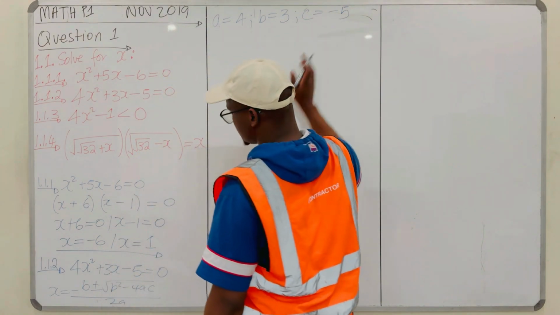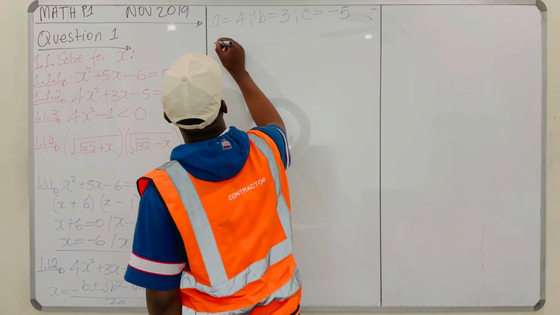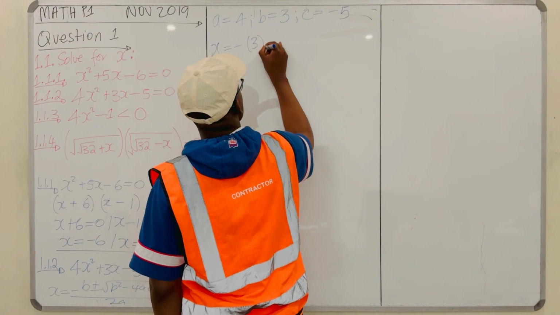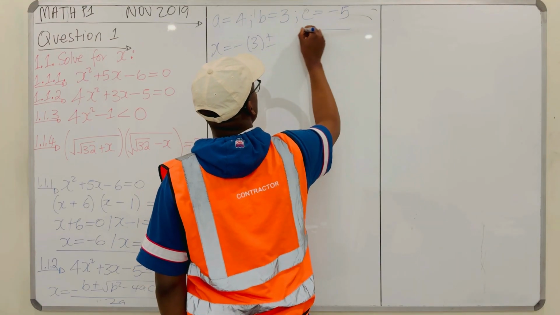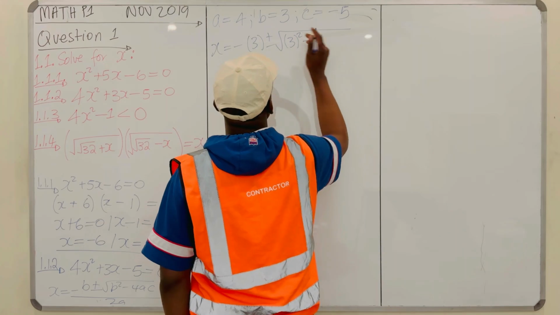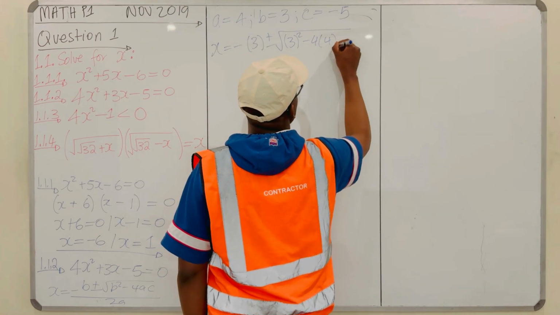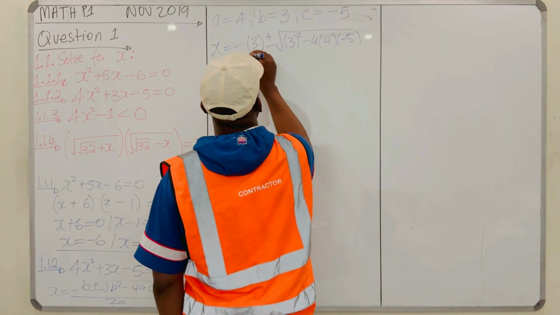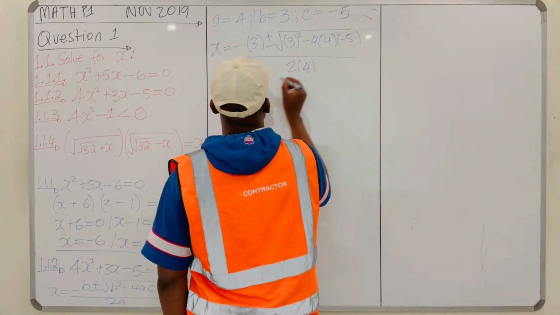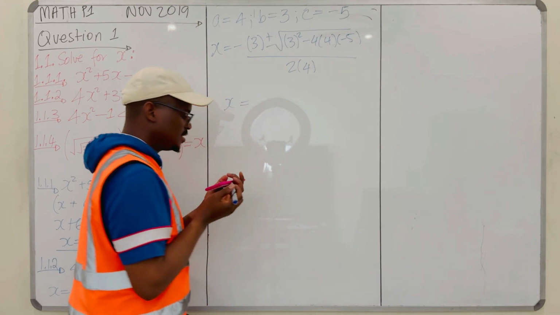So substitute these into your quadratic formula. You said x is equal to negative b. What is your b? Your b is 3, plus or minus the square root of what? Of b, which is 3, all squared, minus 4a. What is your a? Your a is 4. And your c is minus 5. All over 2 times a, and your a is 4. Then you punch this into your calculator and see what you get.